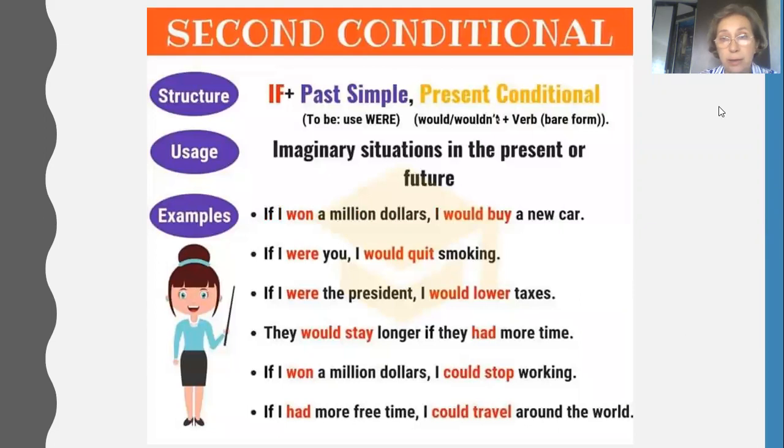Well, here on this slide you can see another diagram which gives the information about the second conditional. The structure of the second conditional is different.